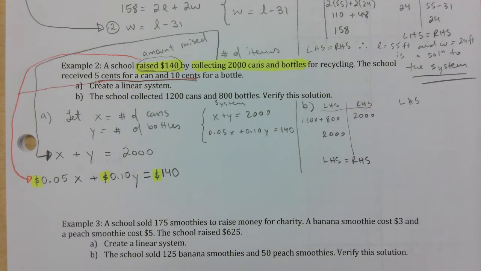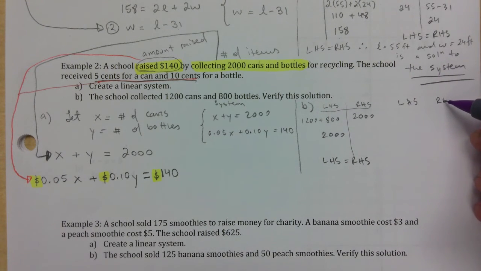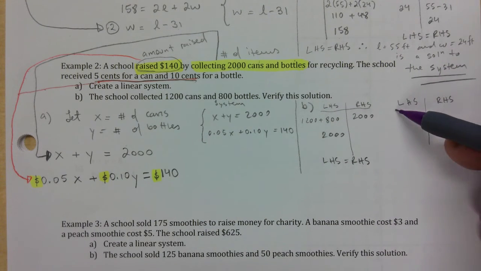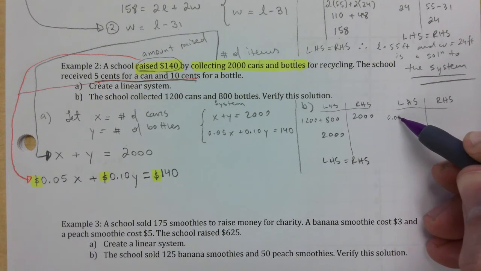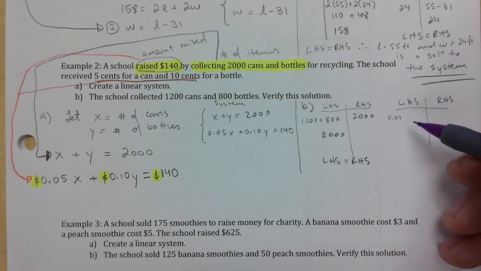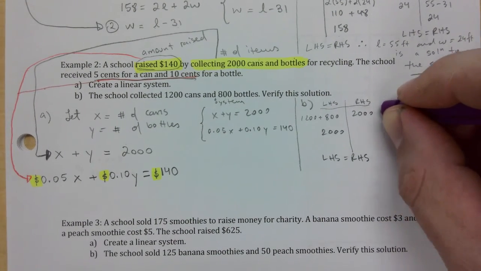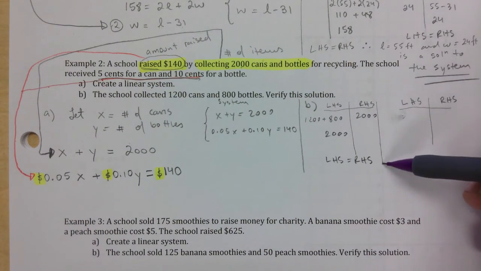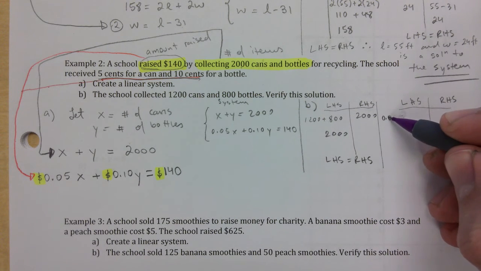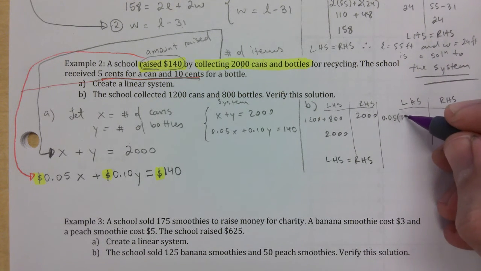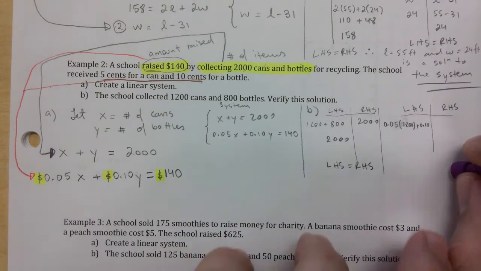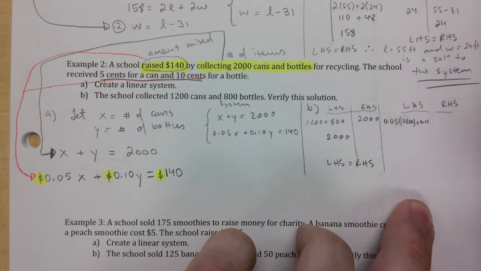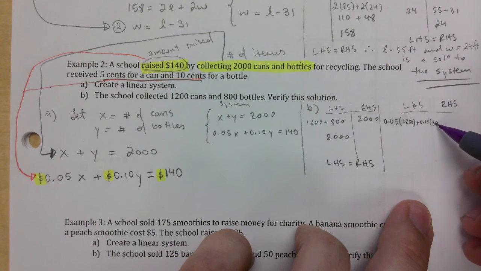All right, let's keep going. Left-hand side, right-hand side of the other equation. You have to give yourself a bit more room: 0.05 times 1200. I'm going to run out of room, so I'm going to back up a bit and block this off here. It's going to be 0.05 times 1200 plus 0.10 times 800.